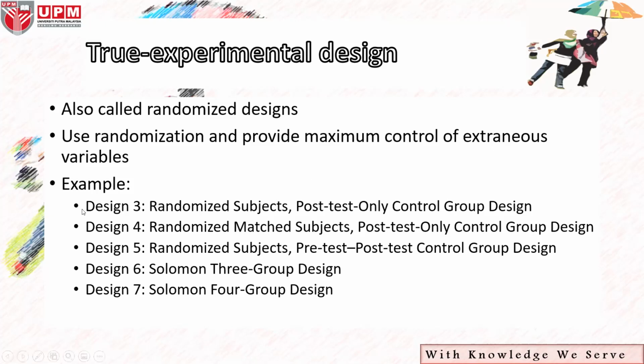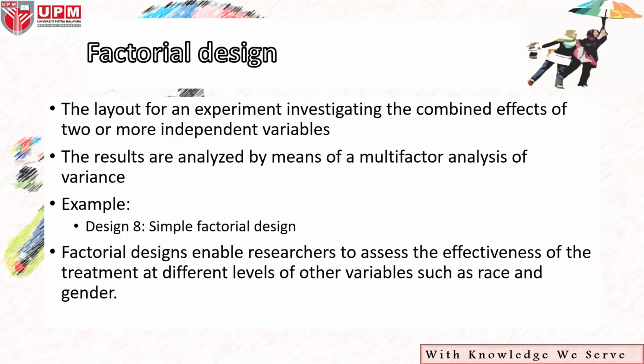The numbering of design, if you refer to the book of Donald Ary, sebenarnya banyak. When I prepare the lecture note ni, I refer to Donald Ary's books. So design ni you can refer to the book. Sebab saya tak sentuh detail lah pasal experimental design ni. Saya just introduce sahaja.